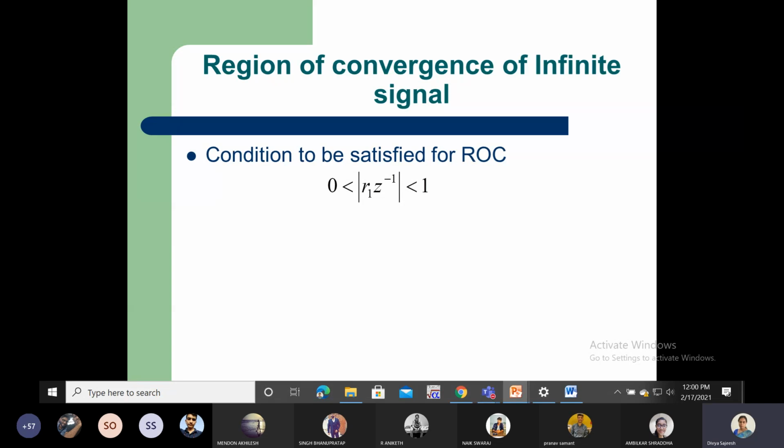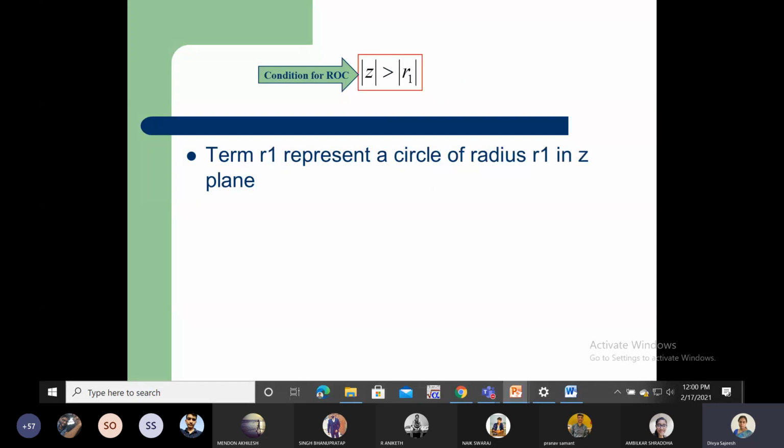Now to find the region of convergence, take out the condition to be satisfied, which is, for the sum series formula, R1 Z inverse should be less than 1 and greater than 0. Take the one which is less than 1, as that is the only term you need, and expand it. So finally we obtain that the magnitude of Z should be greater than R1.